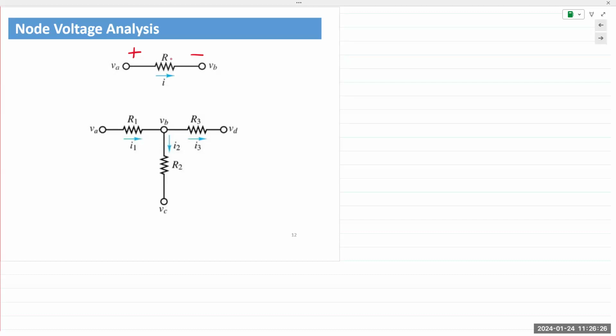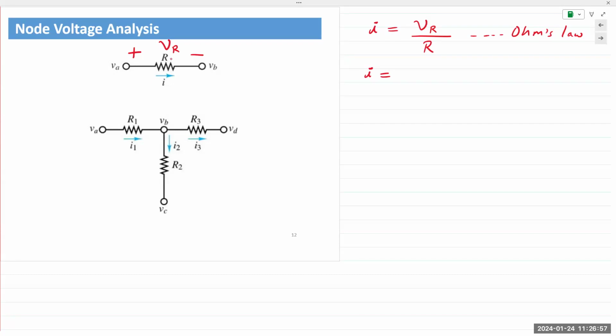So I can write current I in terms of, I'm going to say VR is the resistor voltage. Ohm's law gives me I is equal to VR over R. Then I would express VR in terms of the node voltages.